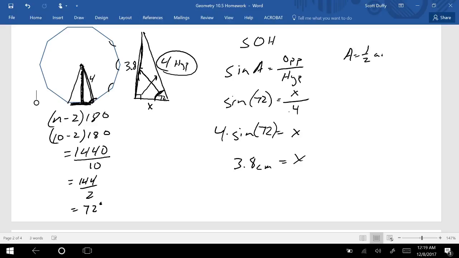Well, this is our adjacent. Then using adjacent and hypotenuse, that would be cosine. Cosine of the angle 72 equals adjacent x over hypotenuse 4. X equals 4 times the cosine of 72.